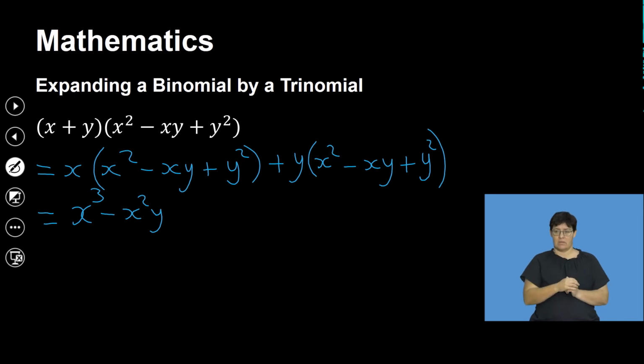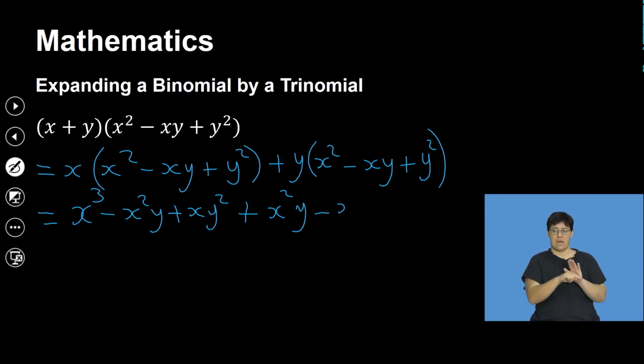And then x multiplied by y squared will be xy squared. Then y by x squared, that gives me x squared y. Y by the xy, there will be minus xy squared. Then lastly, y by y squared gives me y cubed, right?